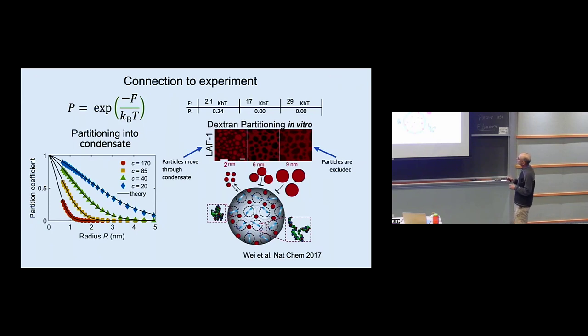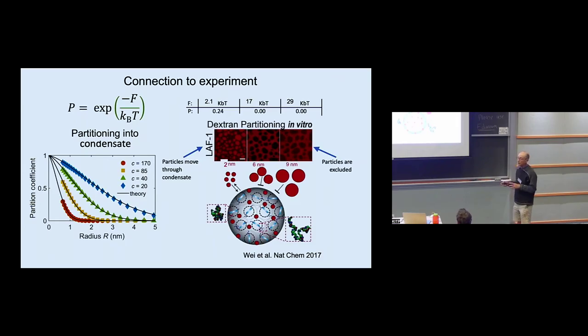Here we've tried to model a particular case where they've looked at how dextran partitions either into or out of condensates, the dextran of different radii here, and you see the small guys actually tend to go into the condensates. The larger ones are excluded, and when we do the estimates, the free energy barrier for the small guys is only about 2 kT.